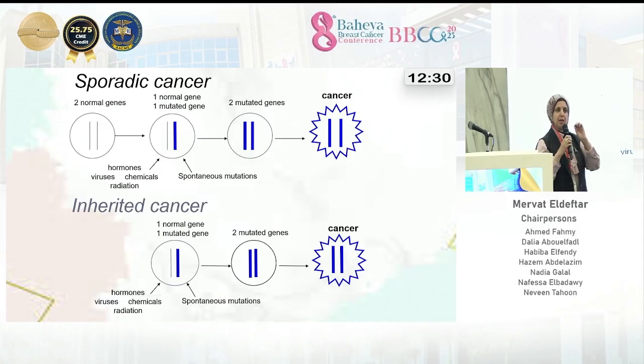However, 10% of breast cancer cases are born with bad genes that they receive from one of their parents, and then during their lifetime they acquire another problem in their genes, and hence they develop cancer. So in hereditary cancer, we perform genetic testing to detect whether the woman has bad genes in her blood or not.